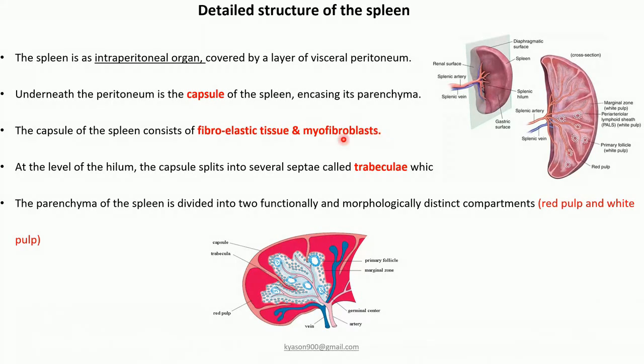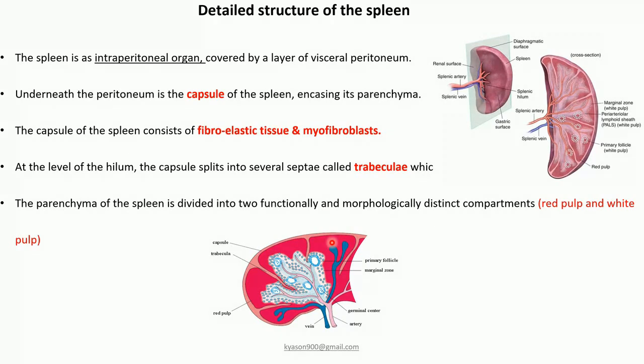These myofibroblasts are special cells that will allow your spleen to contract slightly in situations of hemodynamic stress. For example, if there is excessive loss of blood, these cells can contract to make your spleen push some of the blood it contains to help in supplying other parts of the body.